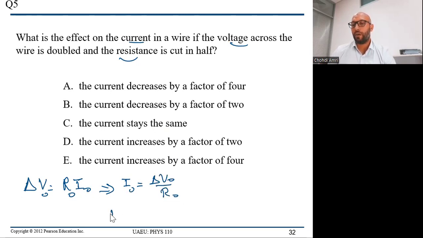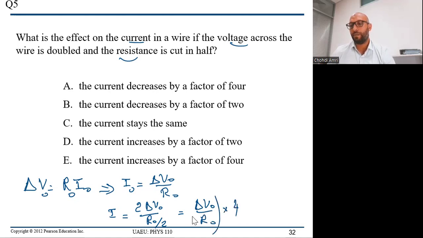The current, when the potential difference is doubled, so here we have 2 delta V naught, and the resistance is cut in half, R naught over 2. So it will be delta V naught over R naught multiplied by 4. Okay, so it will be I naught multiplied by 4.